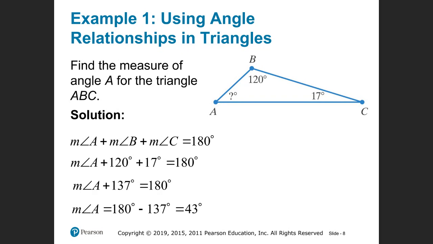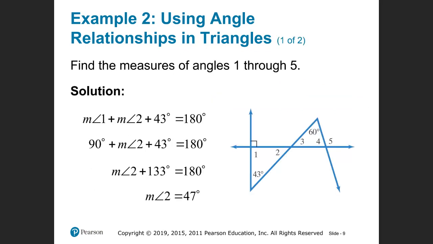So the measure of angle A plus the two measures we're given is equal to 180. Measure A plus 137, which is the sum of 120 and 17, is equal to 180. Solving for the measure of angle A, we get 43 degrees. You can check this by adding the three together. That will give you 180 degrees.